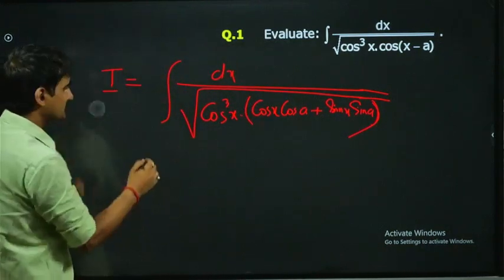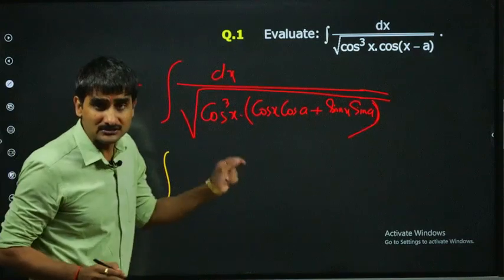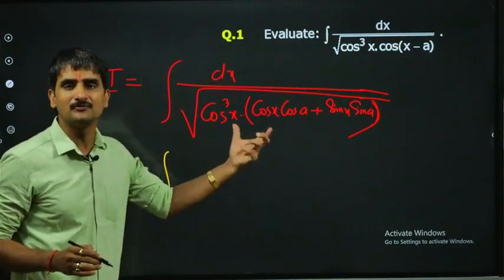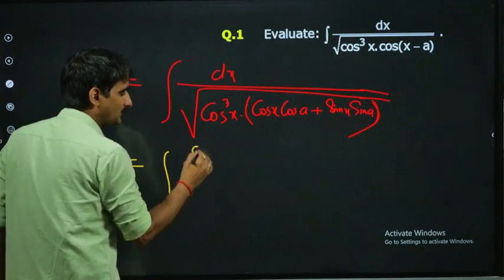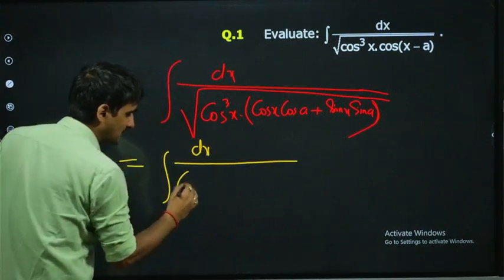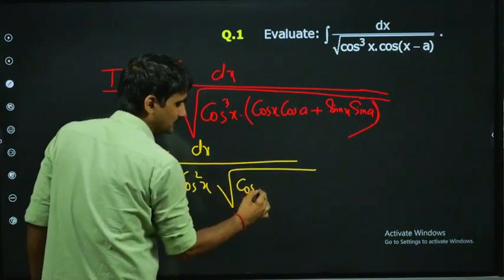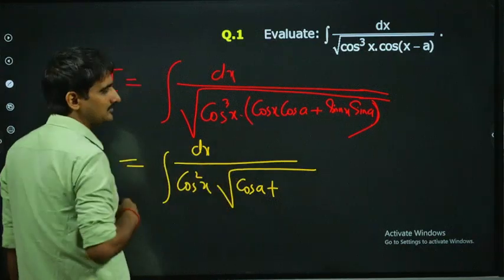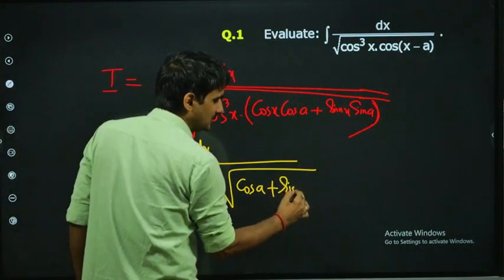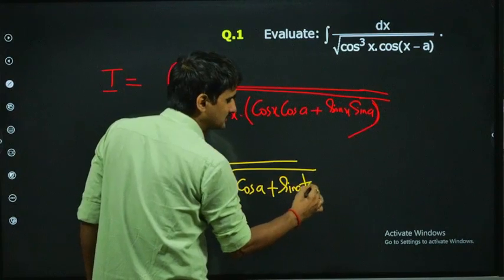Now see, if I take cos raised to the power 4 common from the denominator, what you will have is cos square x out of the square root sign. Here you will be left with cos a, and there you will be left with sin a into sin by cos, which is tan x.